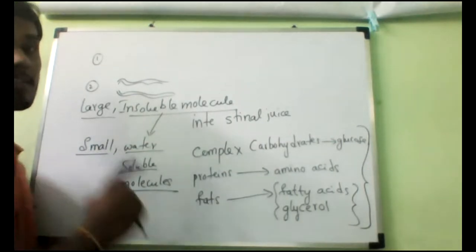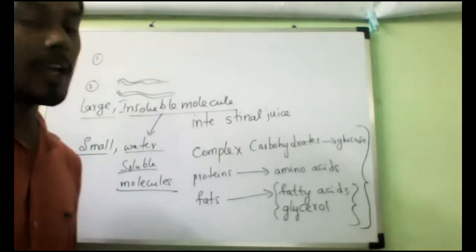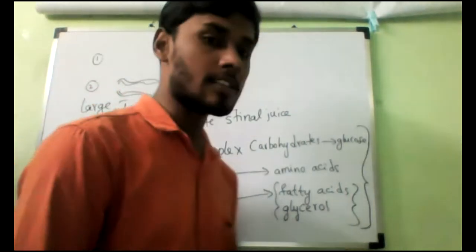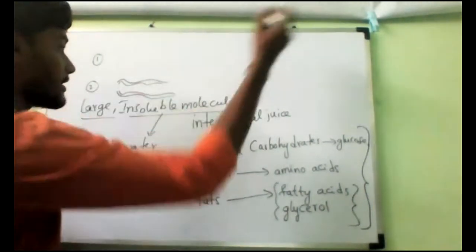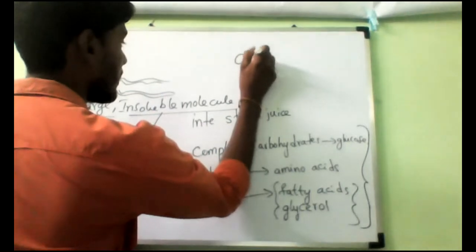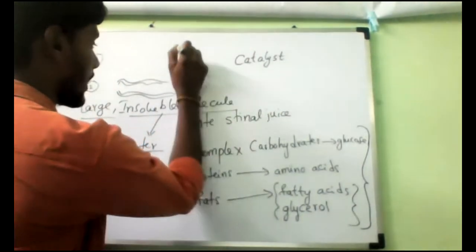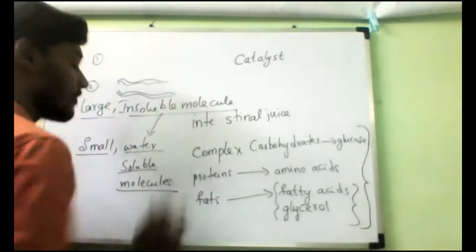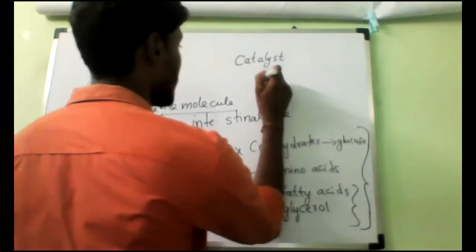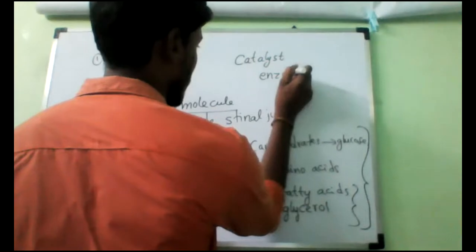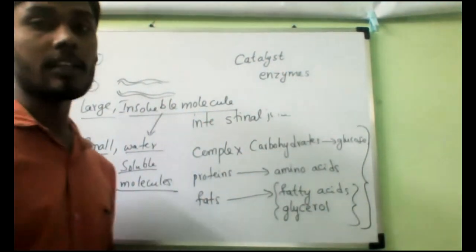So the chemical digestion of food is brought about by biological catalysts called enzymes. All the enzymes we have studied till now, released by the various organs, are the catalysts which help in the digestion of food.